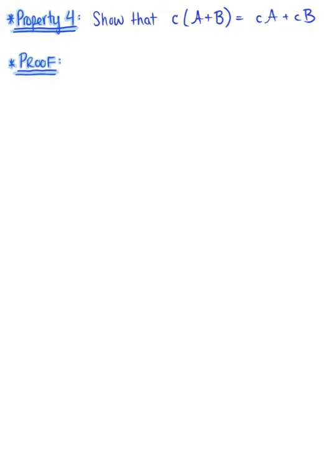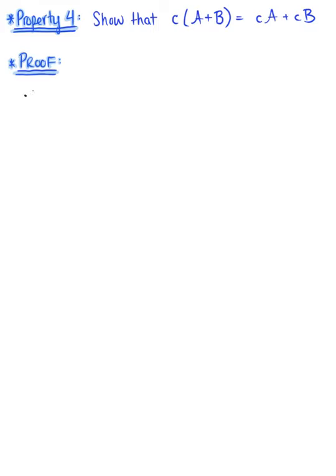Let's verify property number 4. So we're asked to show that the scalar multiple C times the sum of matrix A plus matrix B is equal to the sum of the individual scalar multiples. So here is our proof. And again, this proof technique is going to be the same technique needed to verify the other 5 properties.